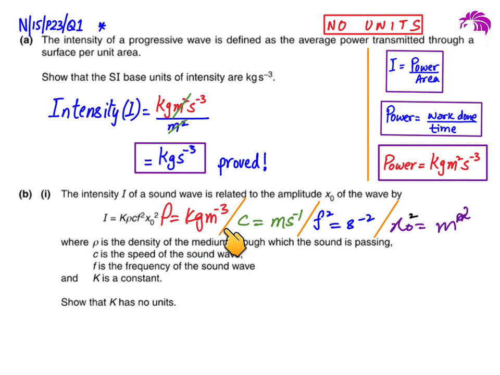Density is kg m^-3, c is the speed, so it's m s^-1, f is the frequency, so f squared is s^-2 because frequency has unit s^-1, and x naught, which is the amplitude, has unit meter, so x naught squared has the unit meter squared. Now plugging that into the equation, it would be I upon density into c into f squared into x naught squared.